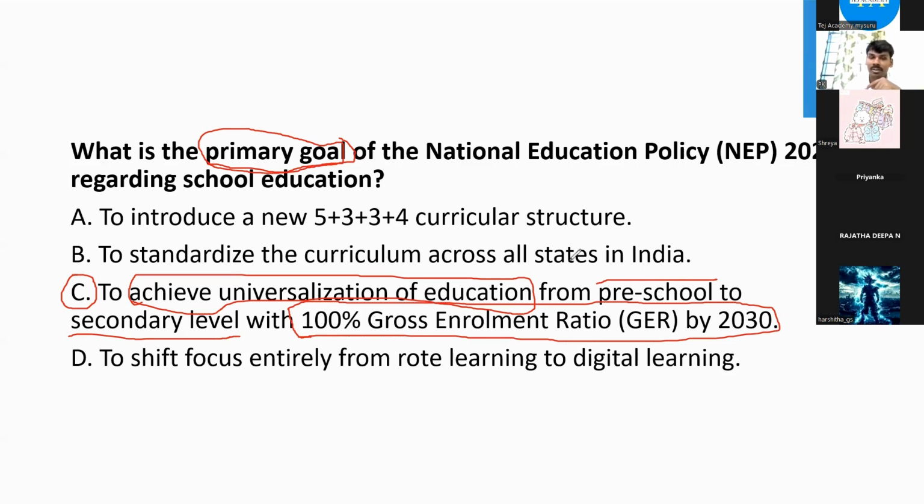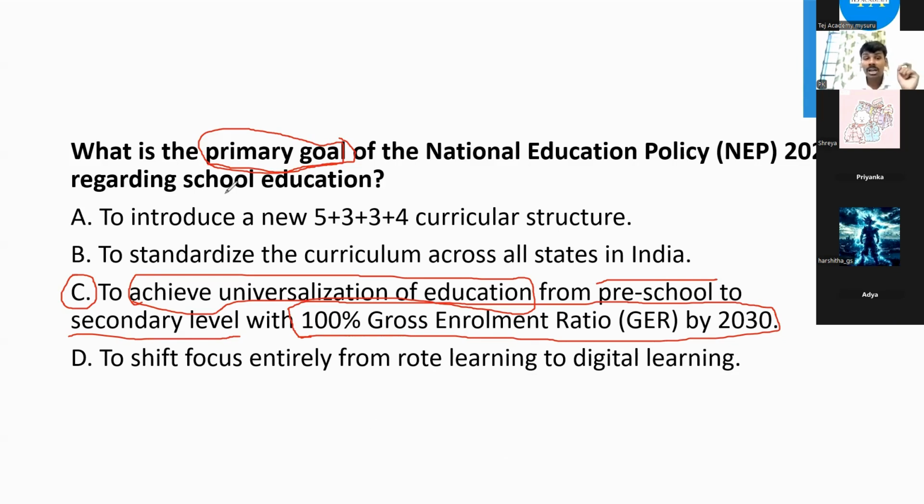From 8 to 12. Okay, Priya, can you please repeat? I'm sorry, I was reading the chat box. Yes, from 8 to 12. So the secondary stage ends at class 12. Yes, Neha, it's 9 to 12.